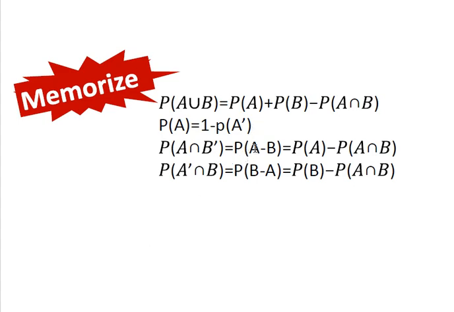The probability of A minus B is the probability of A minus the probability of intersection of A and B. And similarly, for the probability of B minus A, or A prime intersection B, we can write that this is the probability of B minus the probability of A intersection B.